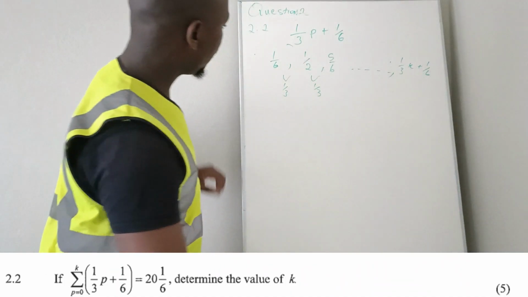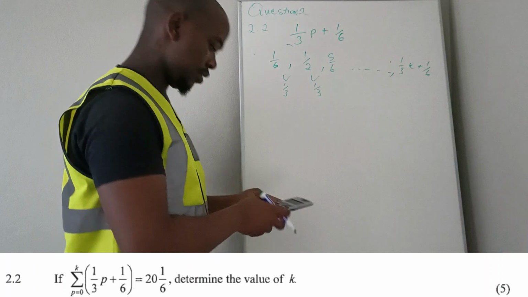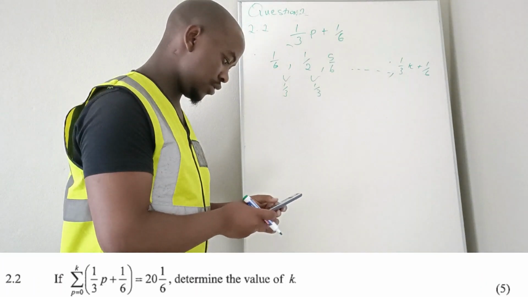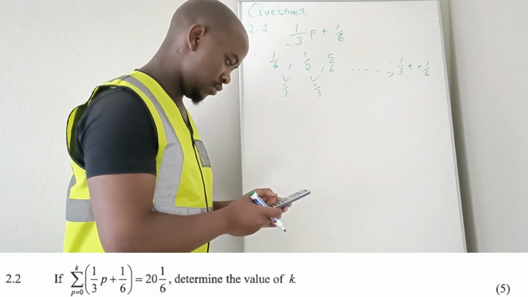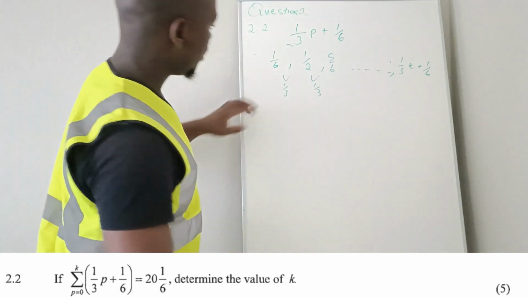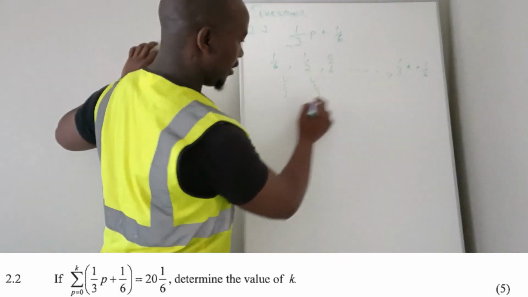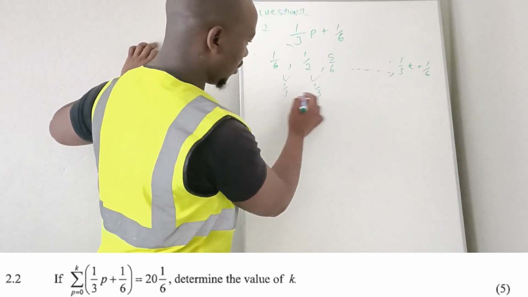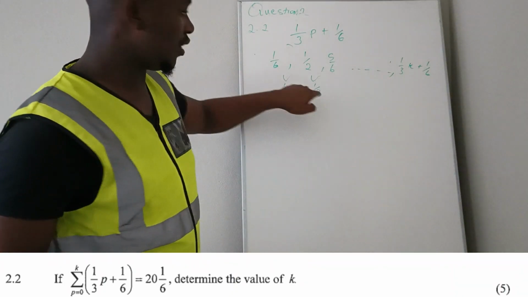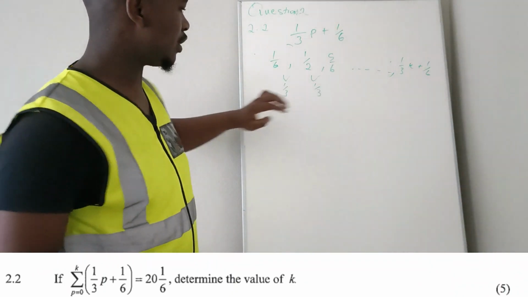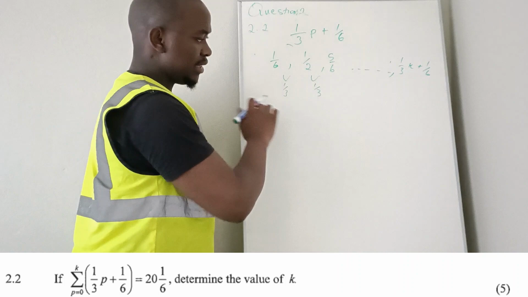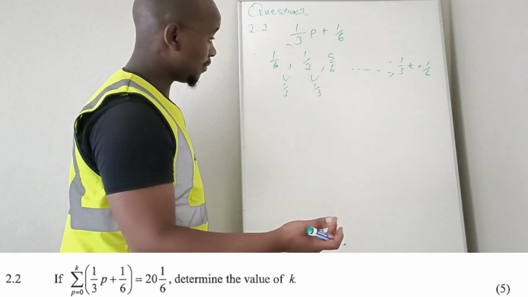So let's just confirm, 1 over 2. We already know that this has to continue. So 1 over 3, we are already settling on the first difference. We're already having the same thing. So it means that this is just a simple arithmetic sequence.